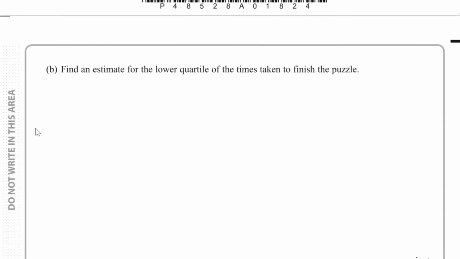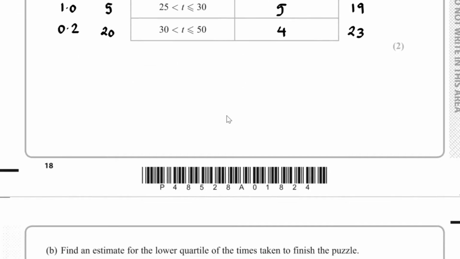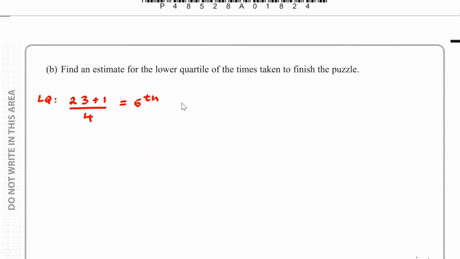So for the position of the lower quartile, we've got 23 plus 1 divided by 4. We want the sixth value. And the sixth value, what interval would that lie in? Well, that will lie in the interval 5 to 15. So we need to be focusing on the 5 to 15.